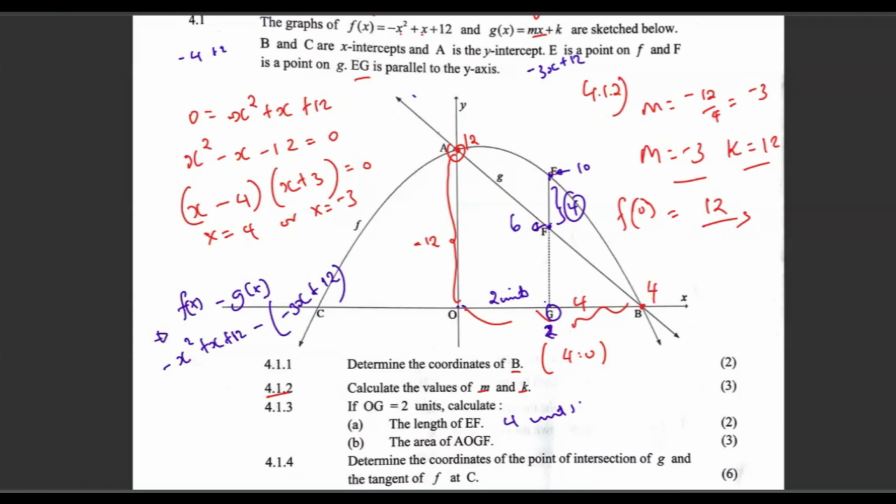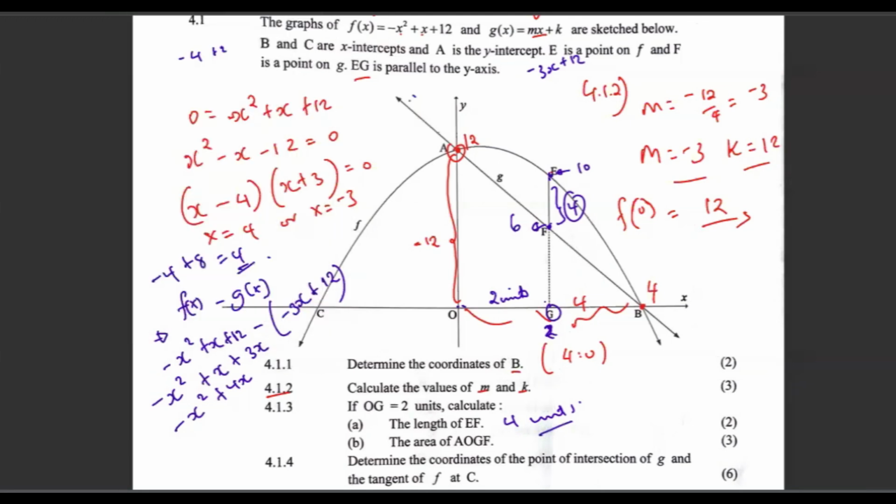Okay, so when you simplify that, that's going to be negative X squared plus X plus 3X. The 12s will fall away. So it's negative X squared plus 4X. Where there is X, we said put a 2. That's going to be negative 4 plus 8, which gives us a 4. There we go. Then they want the area of AOGF.